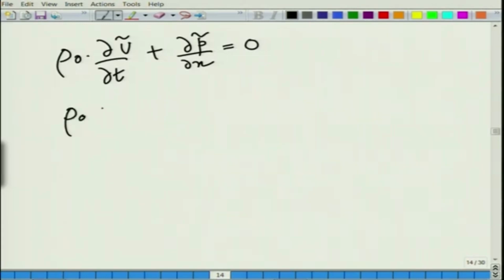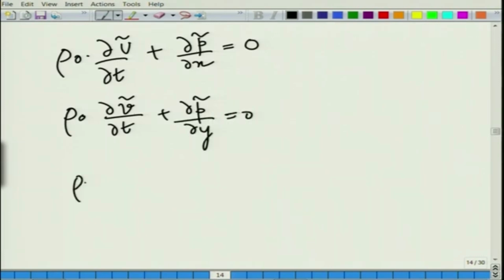Similarly, along the y direction, these are perhaps the most simplified cases that you will come across. So, we get this.